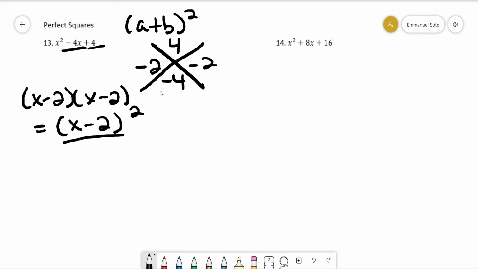Another way to think about it is, if you take the middle term and divide it by 2, then square it, and you get this last term, then you know it's a perfect square. For example, let me erase all this.